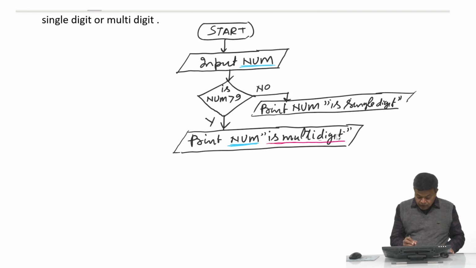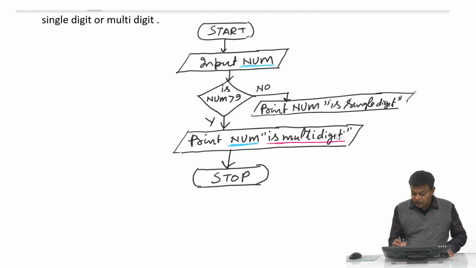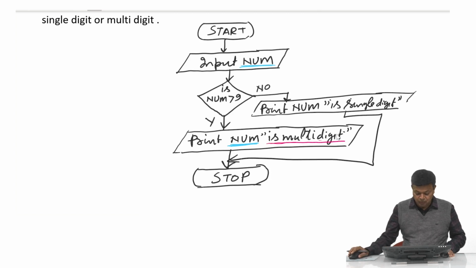Okay. And after printing this, what do I do? Because my work is over, so I stop. So, in this case also, after this I stop. So, I am connecting here that after this I stop.